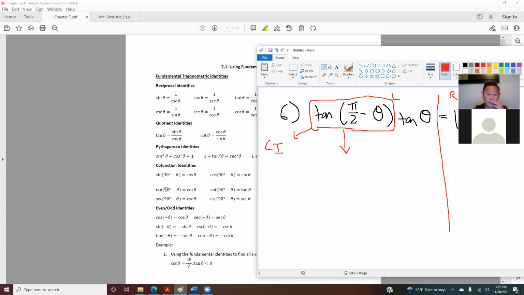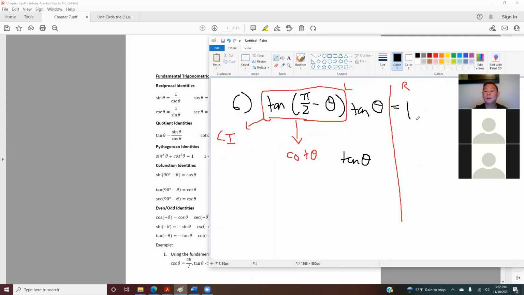Tangent of pi over 2 minus theta is actually cotangent theta. And then we will multiply this with tangent theta. Don't forget, our goal here is to get 1. So can someone tell me how we multiply this to get 1?